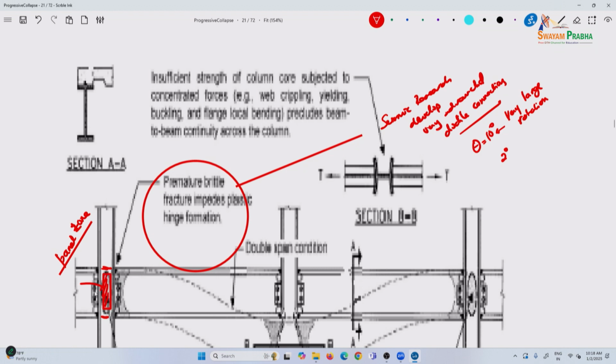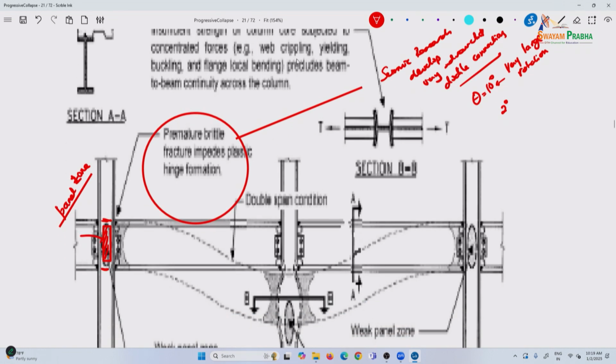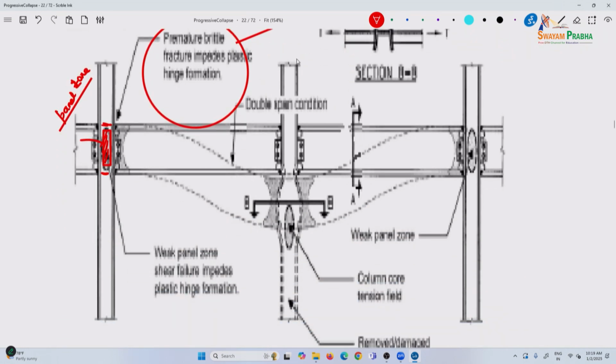So, making sure the integrity of the panel is maintained by providing doubler plates or increasing the thickness. If you can increase the thickness of the web without adding doubler plates, it is better, but doubler plates help to locally strengthen the panel zone. Those conditions must be looked into, otherwise you get a weak panel zone.